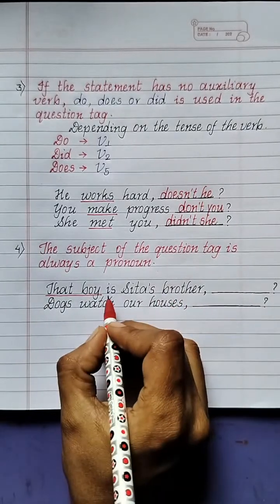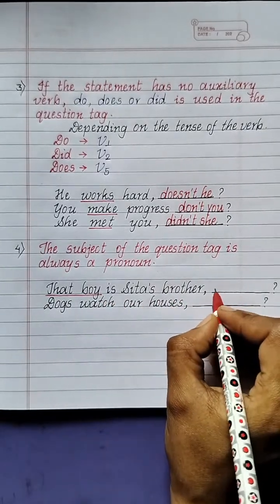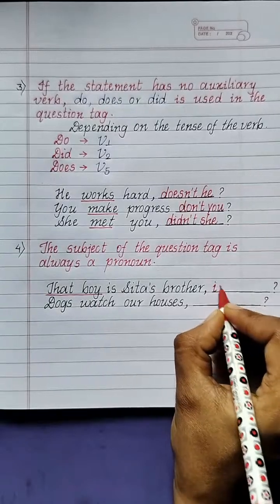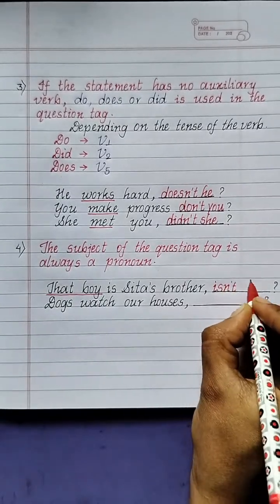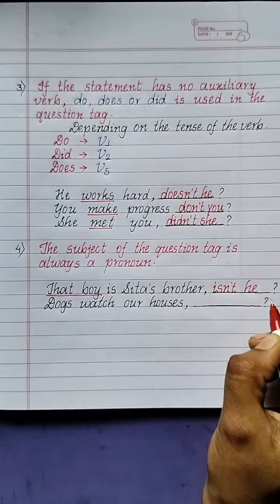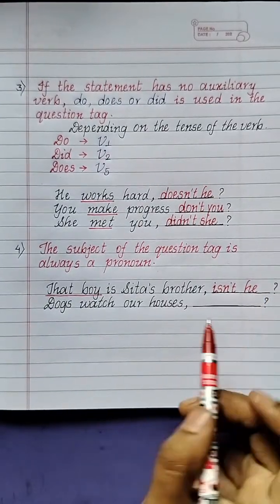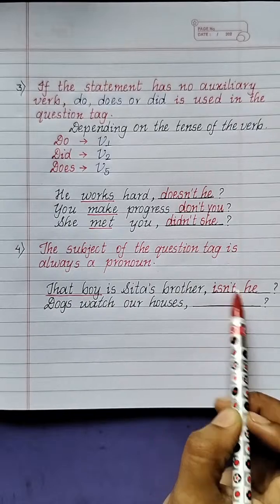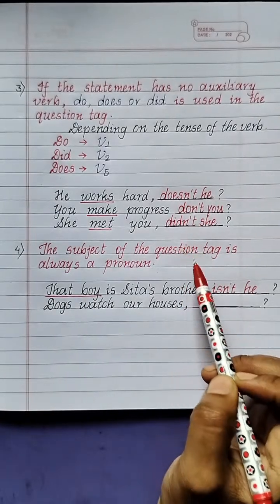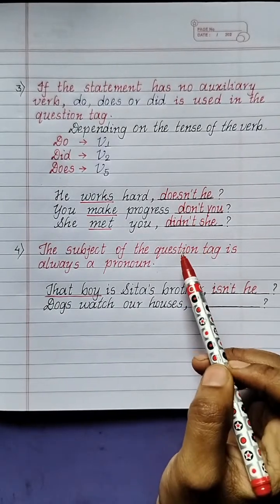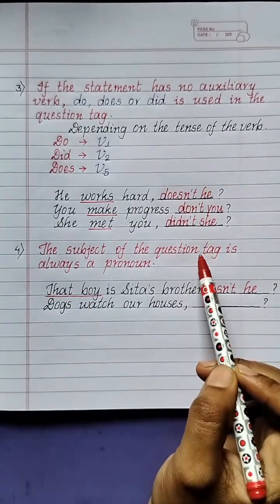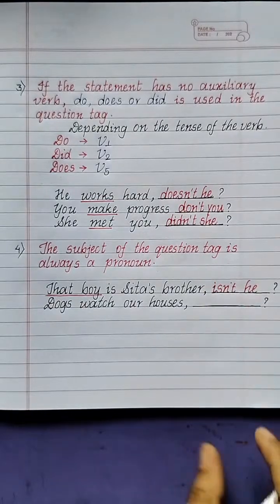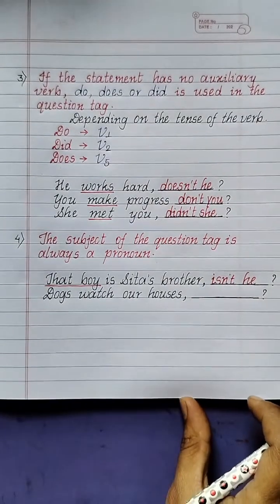Okay, and here is an auxiliary verb, so isn't he. Now you might have a question: why is everything in the negative form? Soon you will get to know why it is used in the negative form. Okay, there is a rule, so keep watching. I will let you know.